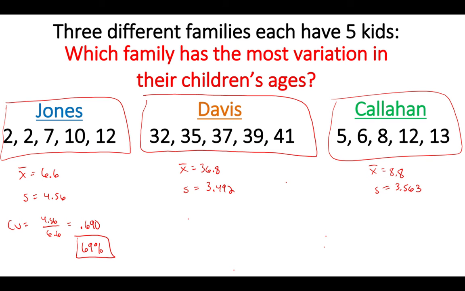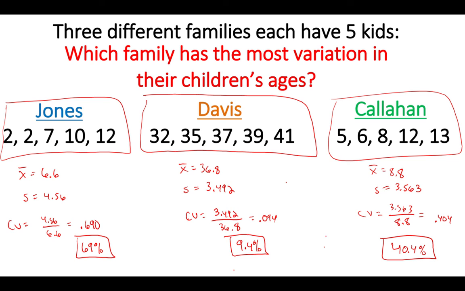For the Davis family, the coefficient of variation is the standard deviation 3.492 divided by the mean of 36.8, and that gives us 0.094, so that would be 9.4%. And lastly, the Callahan family, their coefficient of variation: 3.563 divided by 8.8, and that equals 0.404 or 40.4%.